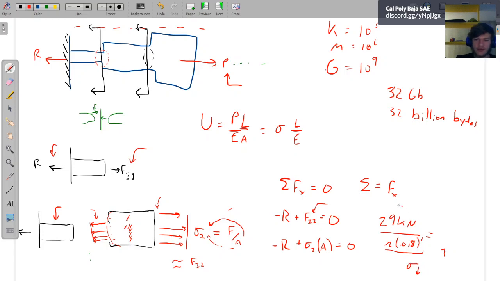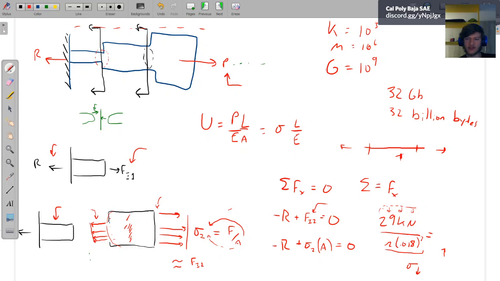Because, well, not because, but the force that's going throughout this body that everything has to react to always stays the same, right? If you think back to physics 1, if you have a rope that you're pulling in tension, we say that the tension here in the rope is the same as the tension here.